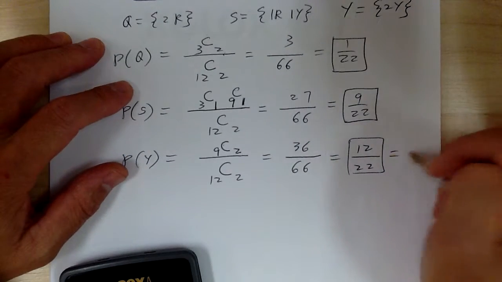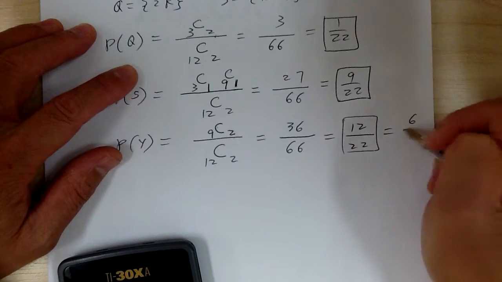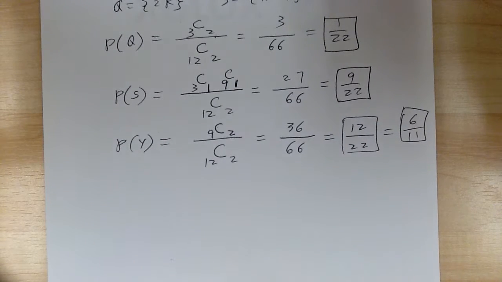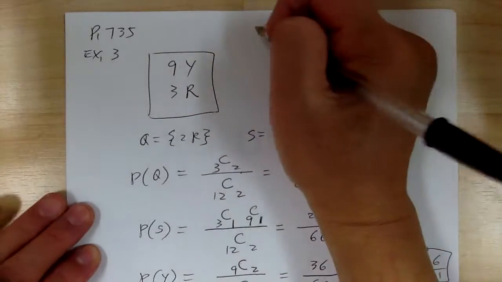If you reduce it by 2, you get 6 over 11. So again, if you add all the total possibilities of everything, you will end up with 1. Okay, so let's go and do some practice.